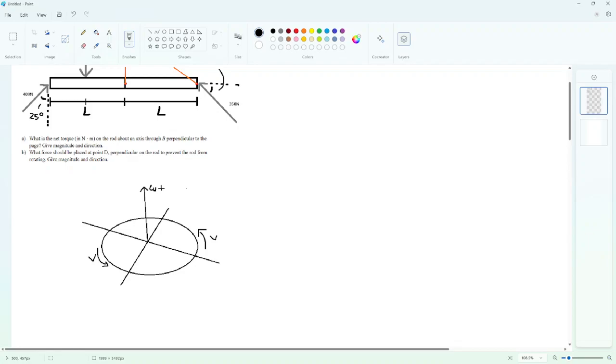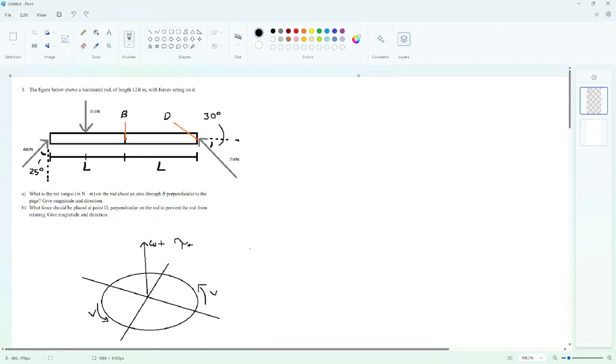If omega is positive, if torque is positive, if angular acceleration is positive, it'll be going this way. And you can remember this using your right-hand rule. This is your thumb, and your fingers curled this way. Your thumb points upwards, this is positive.